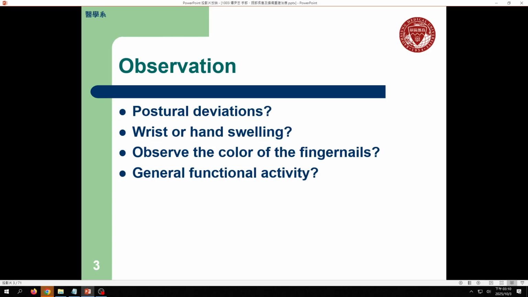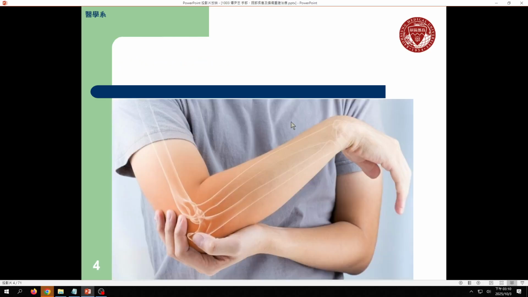So after the posture observation, we start from the elbow. Okay, a patient comes to see you and says the elbow hurts. What's your first diagnosis? How to diagnose it?